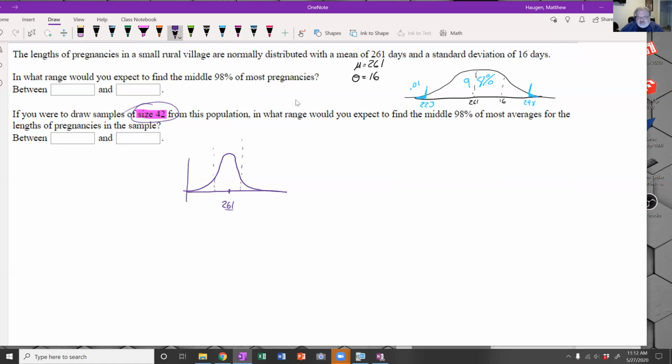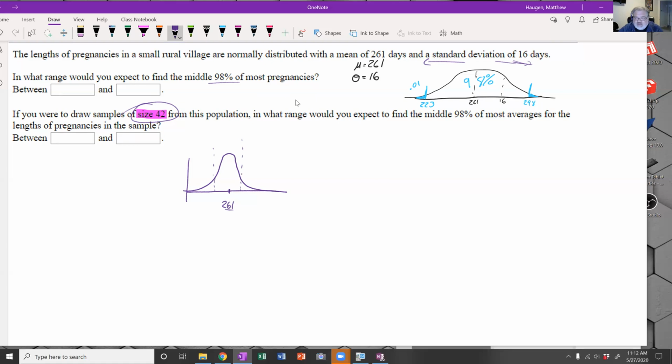Now, it's important that that idea of why it's tighter makes sense. If you're looking at individual pregnancies, the odds of having really short or really long pregnancies are fairly high. Some individuals are going to come in really premature or really late. That's going to happen a fair amount of the time.